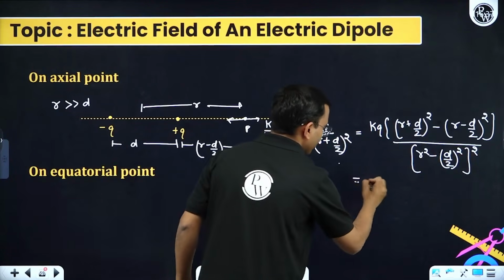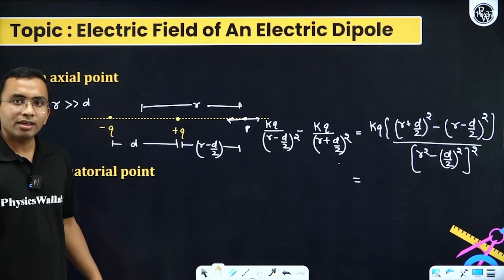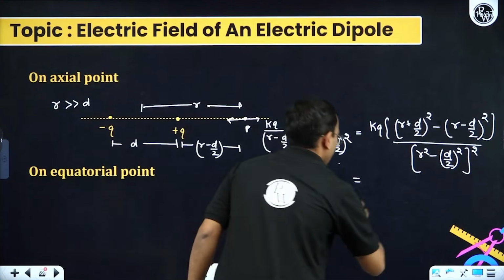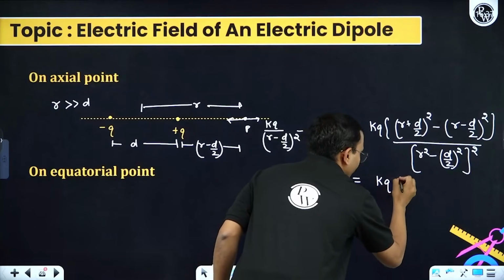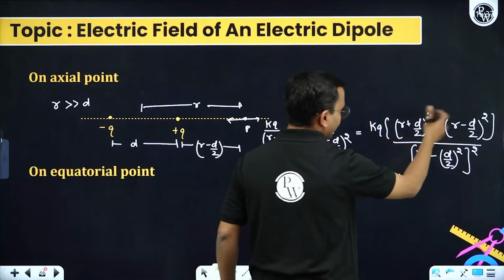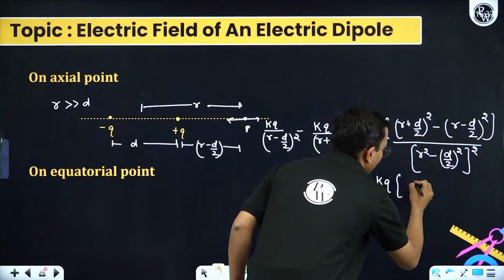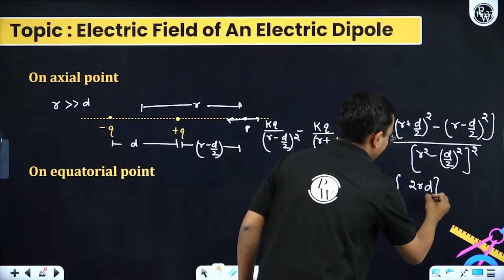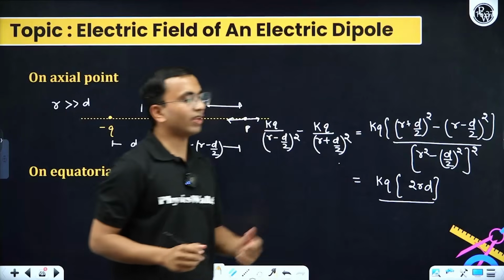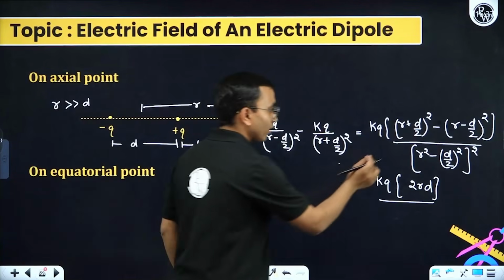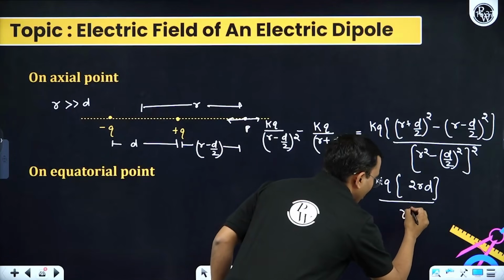This becomes the expression. It seems a bit complicated. Hold on for a second, I will simplify. Kq, from here the 2ab part will add, everything else will get cancelled. So it will become 2 into r into d divided by r to the power 4, since d is very small and I'll neglect d square in front of r square.